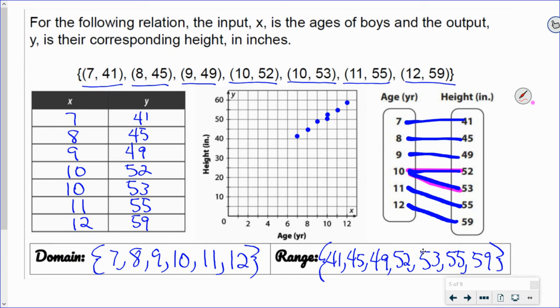So looking at it, what would you say? Is this a function? No. Why not? The reason this cannot be a function is because there is not an x input for every y input. Okay. Think we're onto it here.